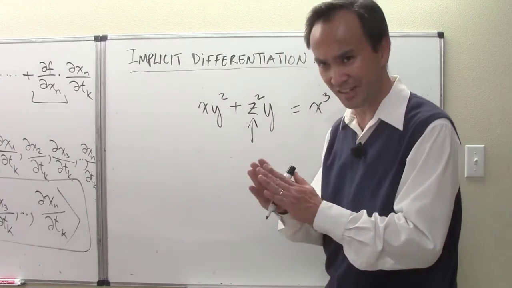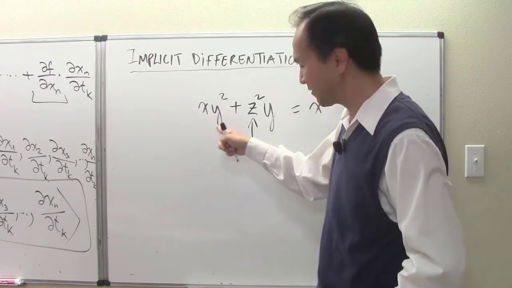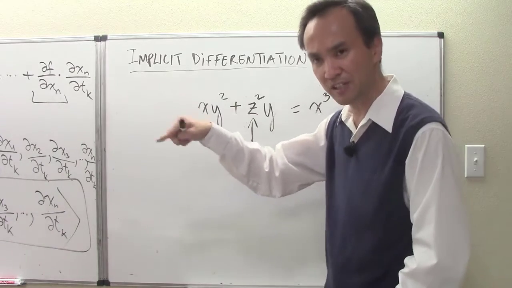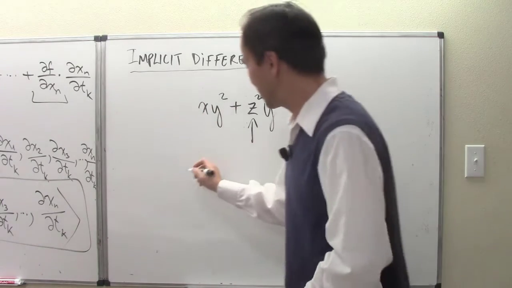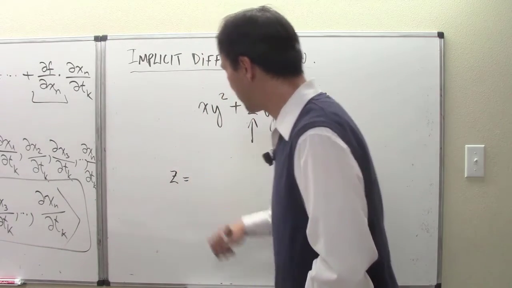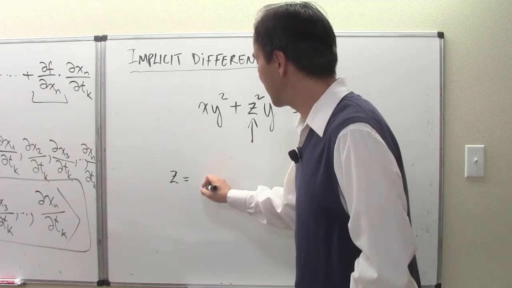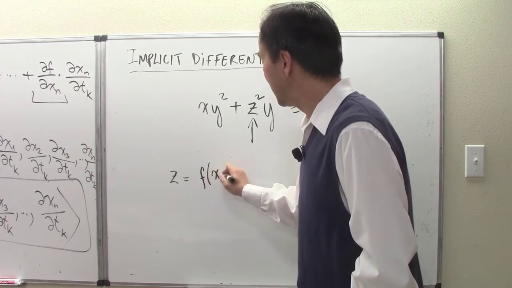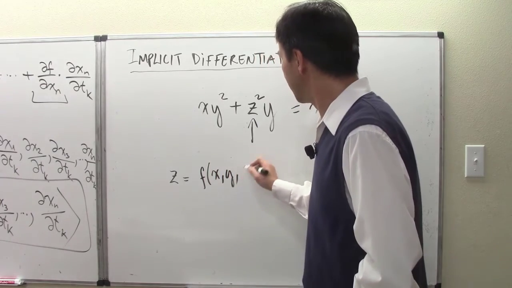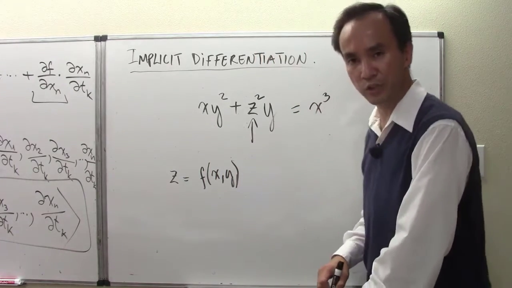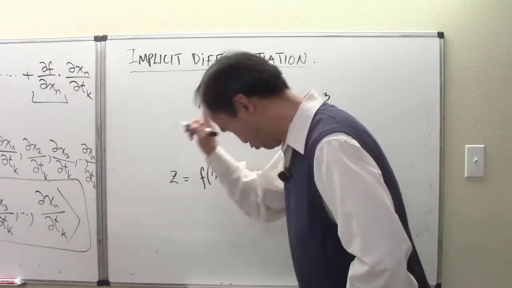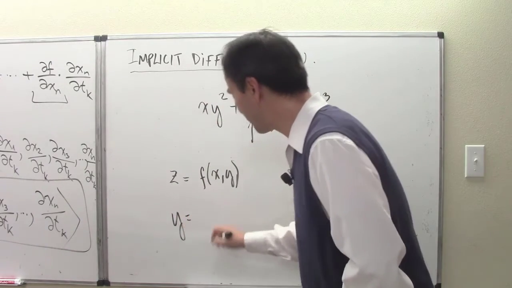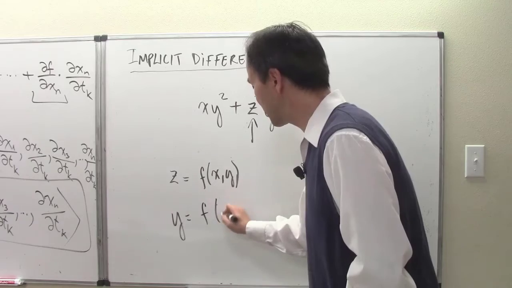But that's just a choice. Any of the variables here can be a function implicitly defined in terms of the other ones. So what I mean is z can be a function implicitly defined in terms of x, y. The other 2 remain variables. Or y can be a function implicitly.